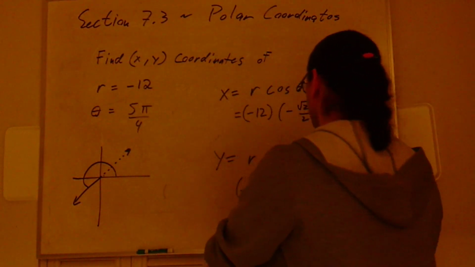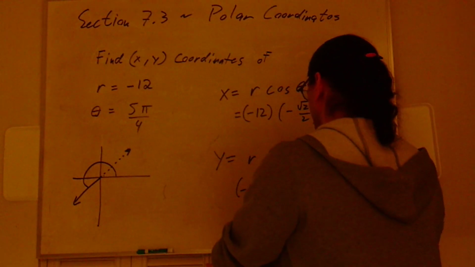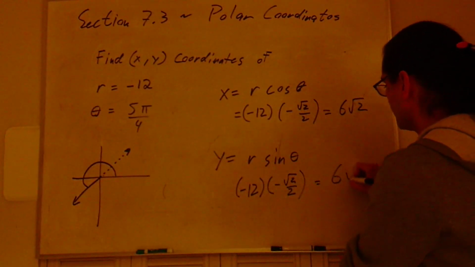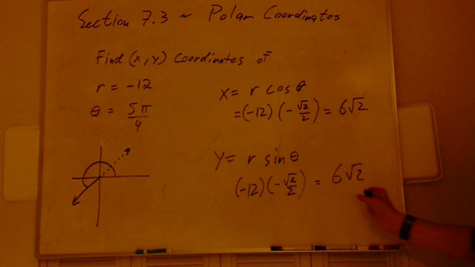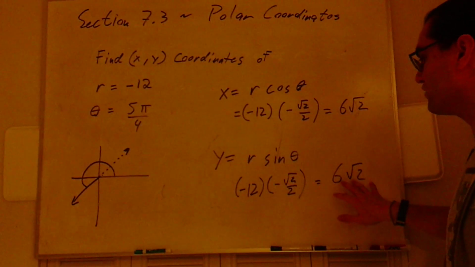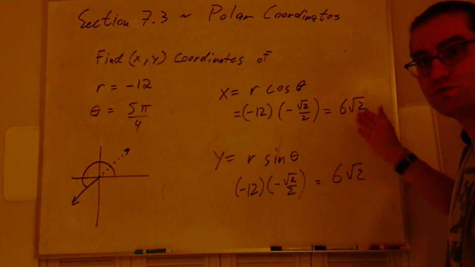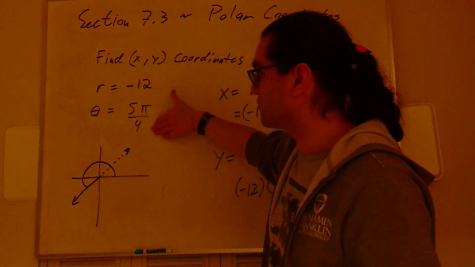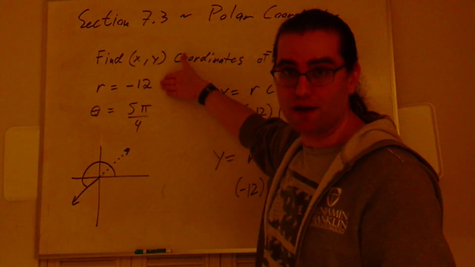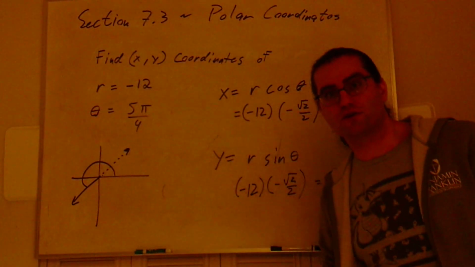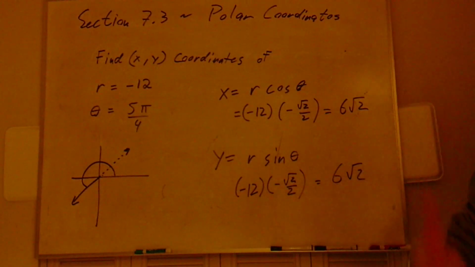And once again, the sine of theta is negative root 2 over 2. It's the exact same value there. So this should also give me positive 6 root 2. So I'm getting positive x and y coordinates, which means I should be in quadrant 1. And theoretically, if you're pointing into quadrant 3, but then moving backwards, that should also put you into quadrant 1. So this checks out. The math checks out here.